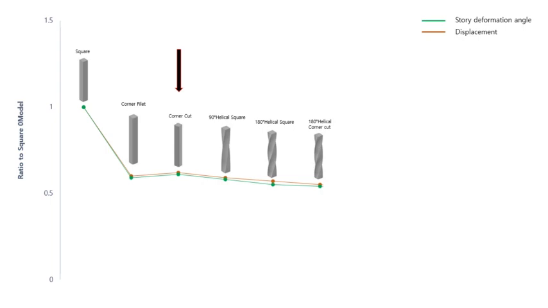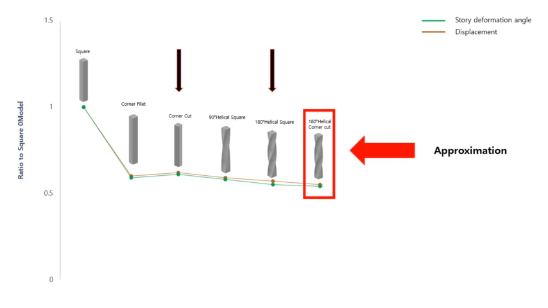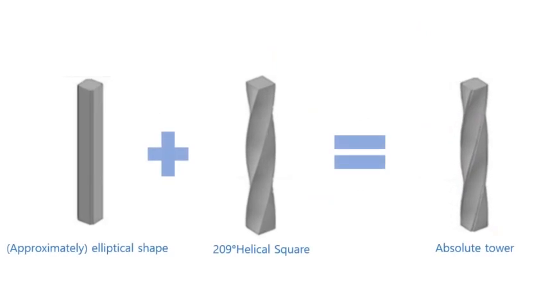We focused on the corner cut model, the helicoidal shaped model, and the helical corner cut model. The helical corner cut shape has both the shape of the corner cut and the helicoidal shape. The helical corner cut shape could be an approximation of the Absolute Tower model in this way.